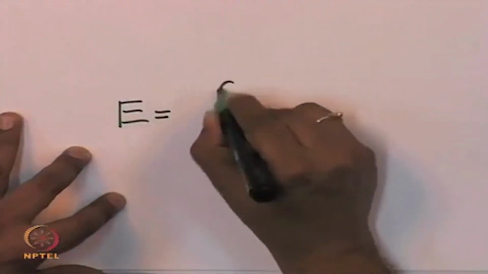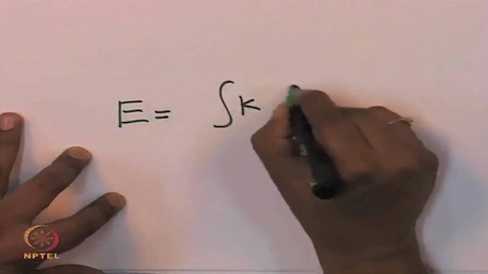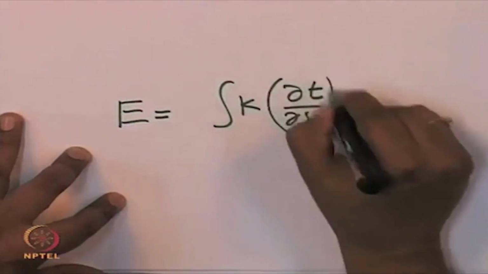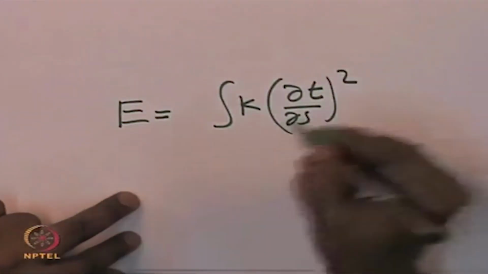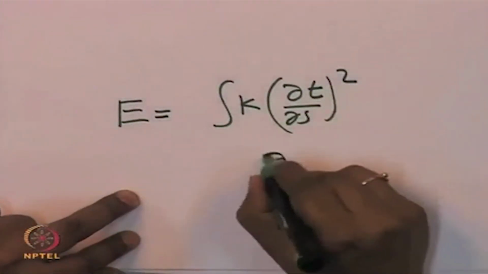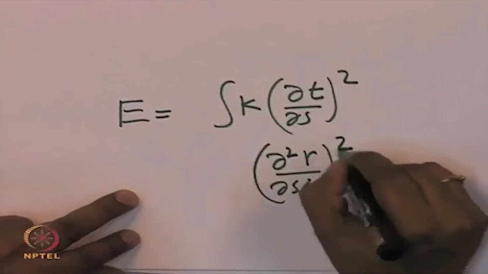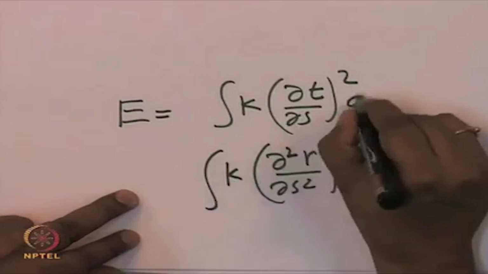We wrote it in two ways: integral kappa (del T by del S) whole square, or (del square R by del S square) whole square times kappa, with an integral ds.